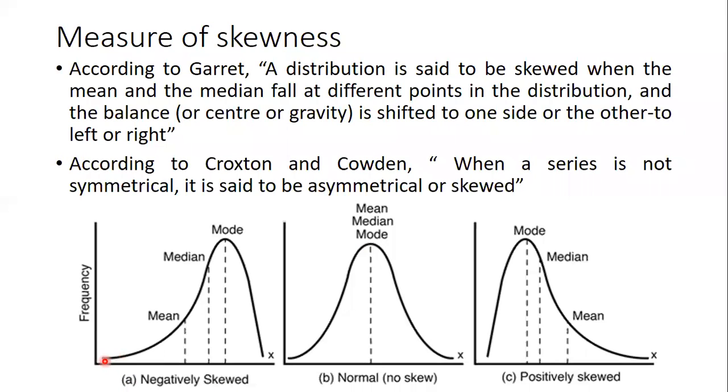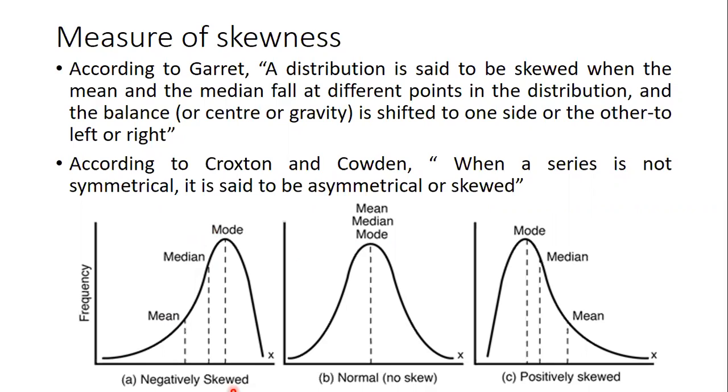The bell-shaped curve is towards one side, and the mean, median and mode are all at different places. Usually they are at a very similar place because they are averages, but here they are at different places. So this is known as negatively skewed.